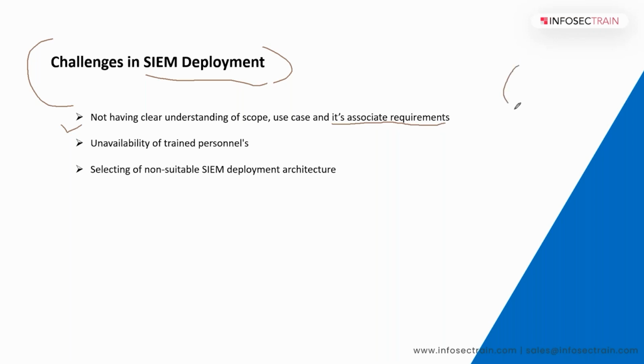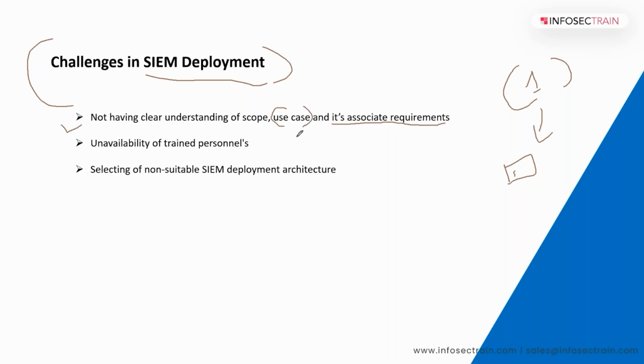Okay, so we had defined the scope in the first place, and let's say that information has been forwarded to a manager, a SIEM manager or SOC manager, and he didn't clearly understand the scope, the requirements, or the use cases.